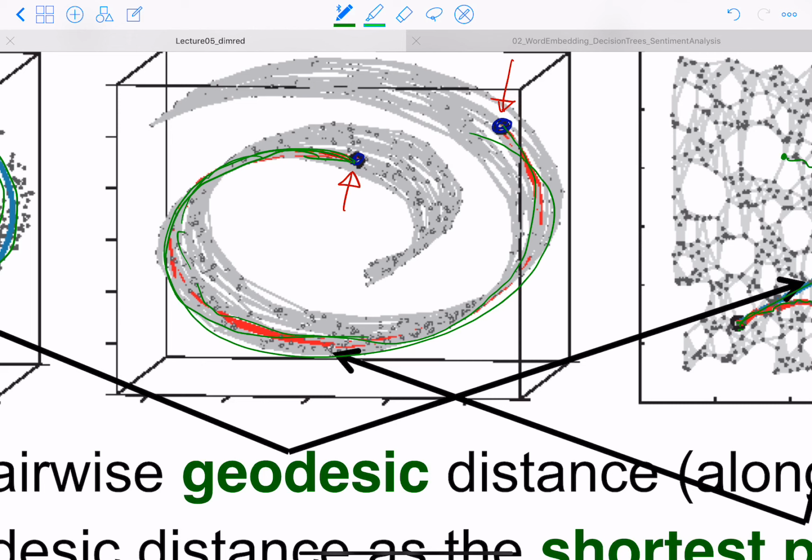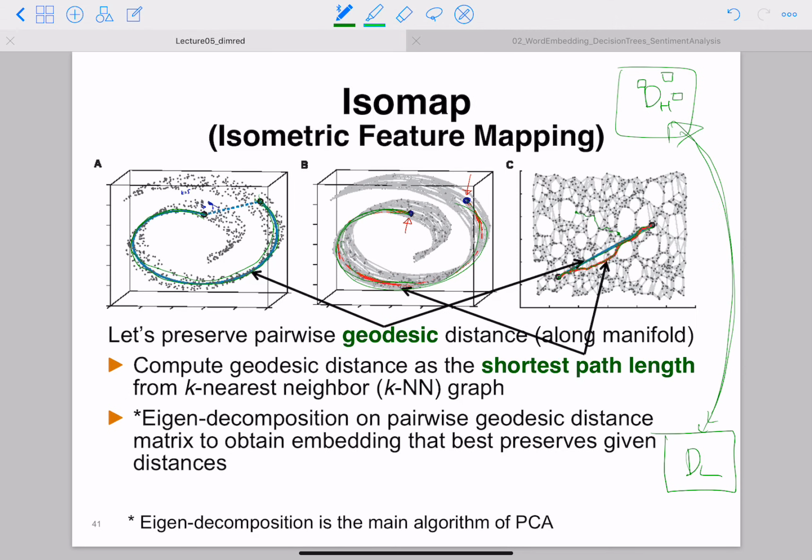So the corresponding low dimensional axis is like straightening up this curved manifold into a really straight surface.